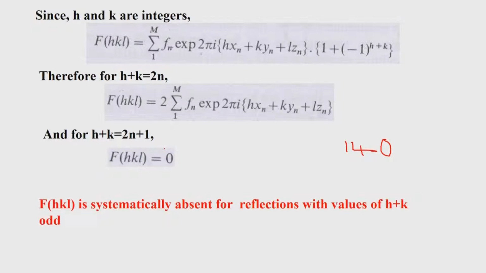So, whatever be the structure which crystallizes in a C-centered lattice, please note the words, whatever be the system which crystallizes in a C-centered lattice, whether it is monoclinic or orthorhombic, and what other is possible in a C-centered lattice? Tetragonal does not have a C-centered lattice, so also hexagonal.